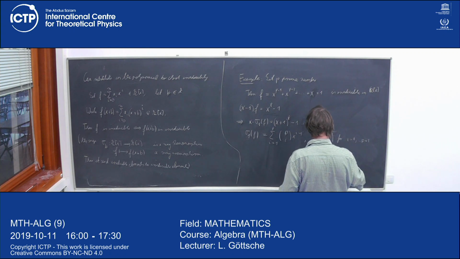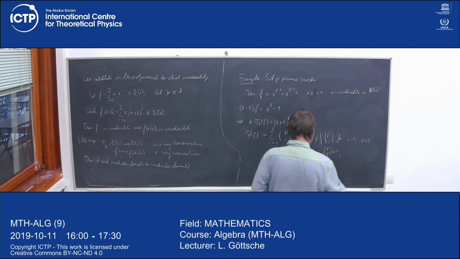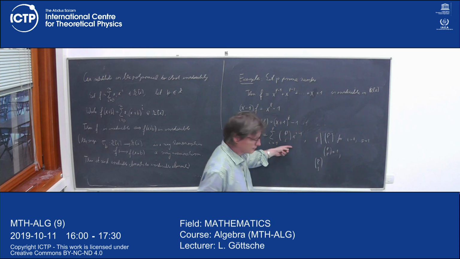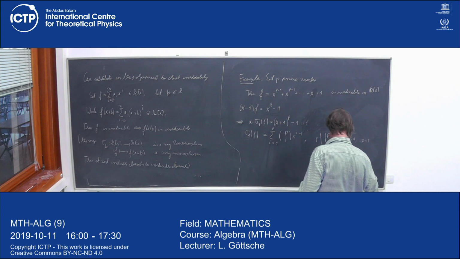We also see that p choose 1, which is the coefficient of x to the 0, is equal to p, so p squared does not divide p choose 1.